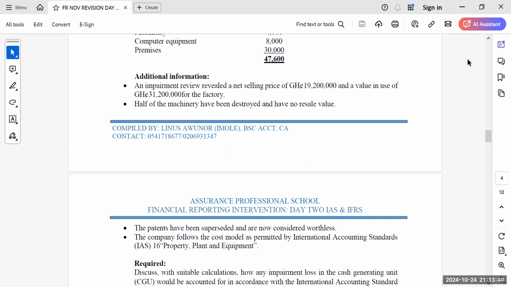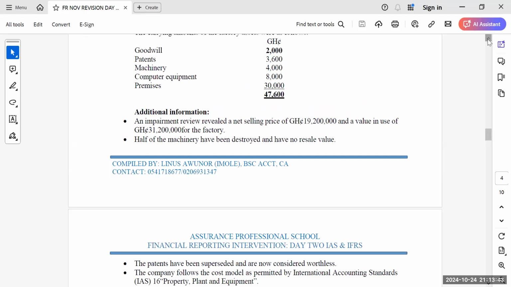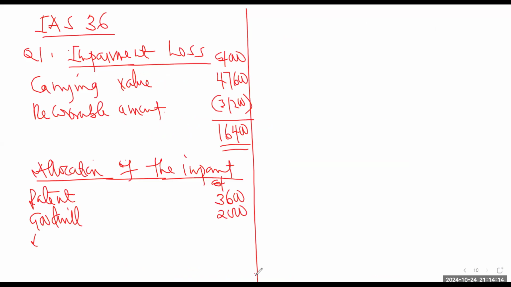Let's come here. They are saying that half of the machinery has been destroyed and has no resale value. So it means that the machinery is also suffering impairment. It's impaired by how much? By 2,000. So machinery will now be taking 2,000.